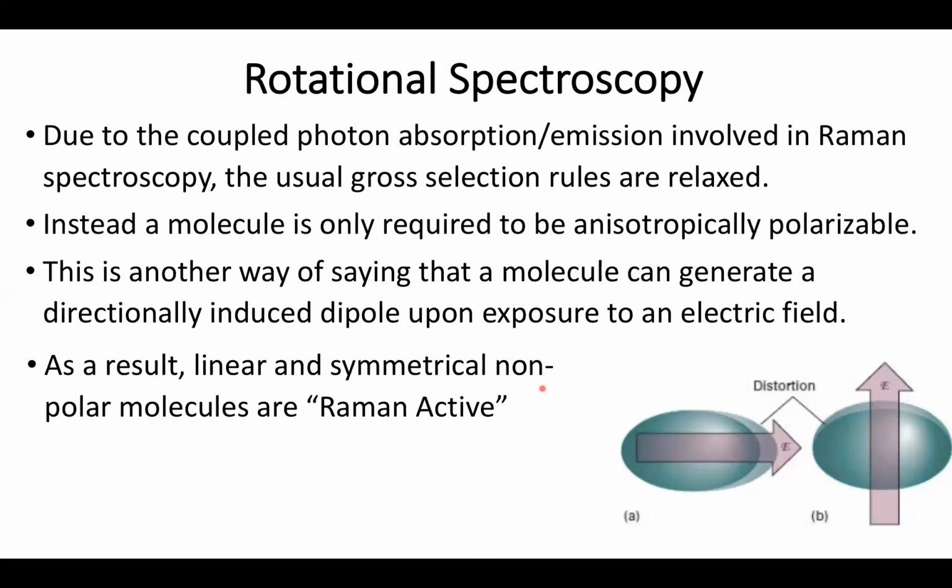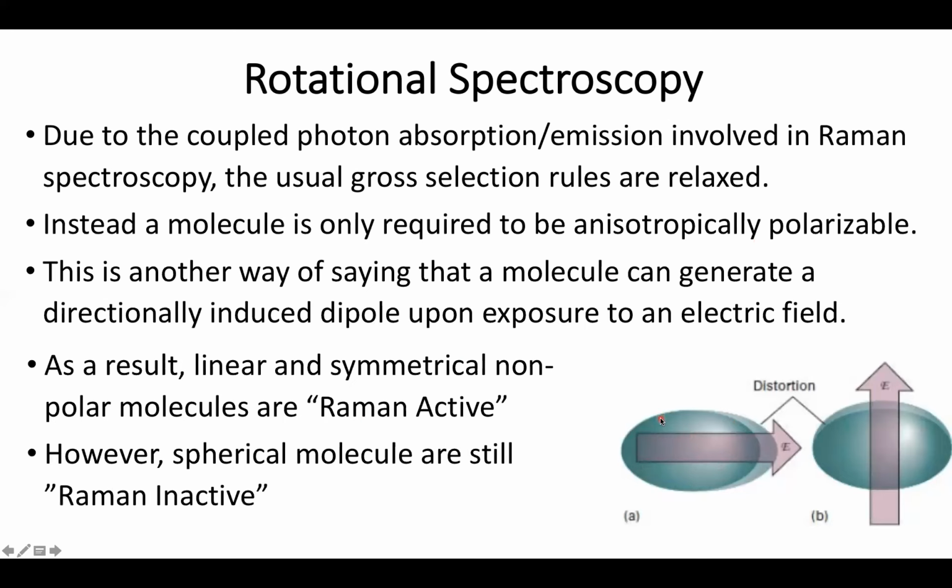However, one of the big things about anisotropy is that it really is telling us the system doesn't distort evenly in all directions. The notorious case of a system that will distort evenly is spherical molecules. A spherical molecule, which by definition will be nonpolar, is still going to be rendered Raman inactive.